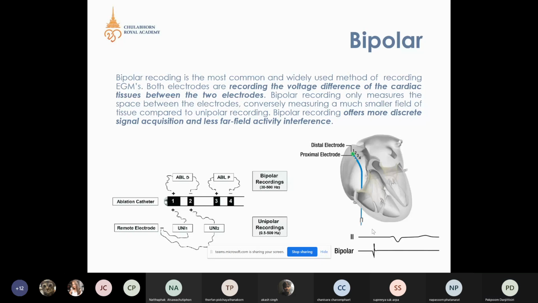How to decrease the far-field activity interference? Let's look at the green point here.